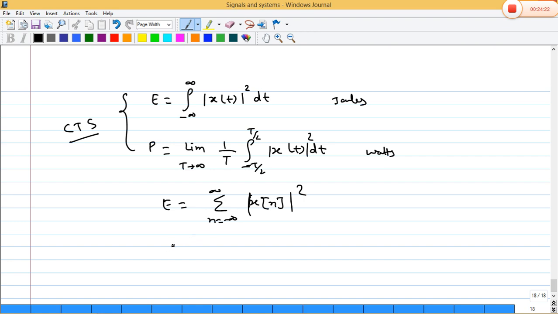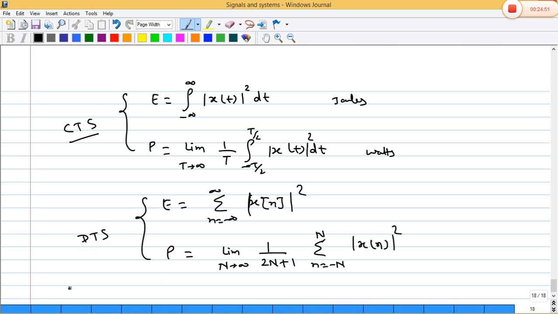And P will be the limit as N tends to infinity of 1 by 2N plus 1, summation from n equals minus N to plus N of mod x of n square. This one is for discrete time signal. Is that clear? This one is joules, this one is watt.